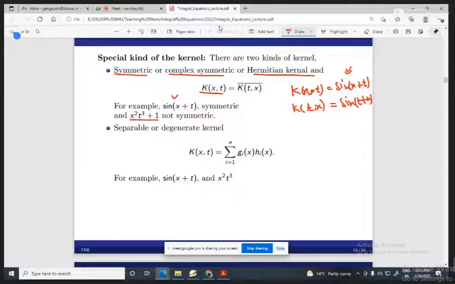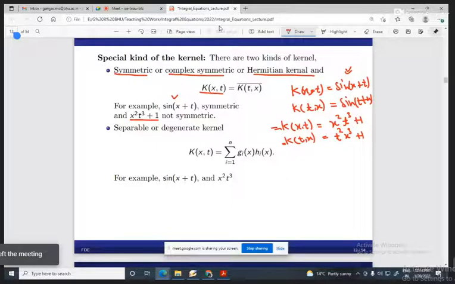If you take this kernel, suppose I take the kernel k(x, t) = x²t³ + 1, and if I interchange x and t, then we will write t²x³ + 1, and you can see that this quantity is not equal to that quantity.